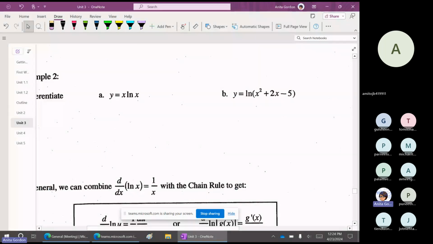Differentiate x ln x, and ln of x squared plus 2x minus 5. What's the rule I need to consider in the first one? Product and ln. And then the second one? Chain and ln.